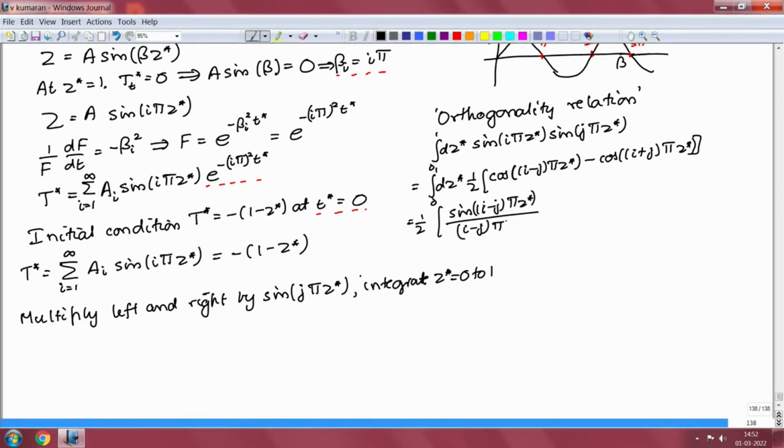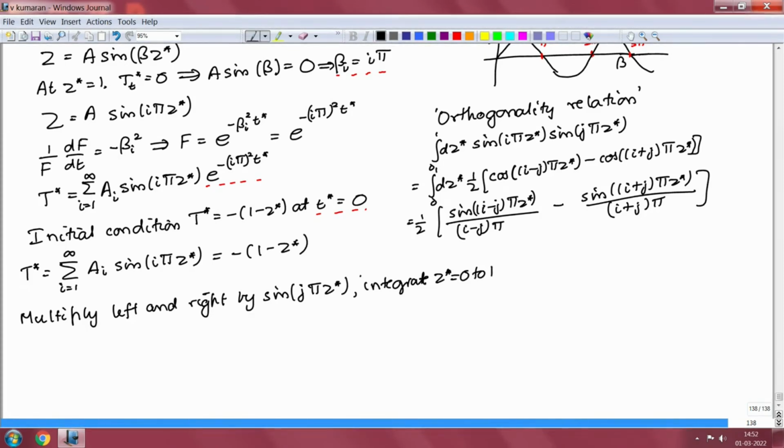That is the first function. The integral of cos of a z is sine a z by a. The second one is sine of i plus j pi z by i plus j pi.